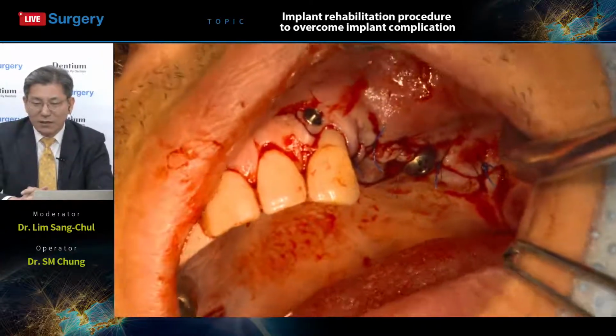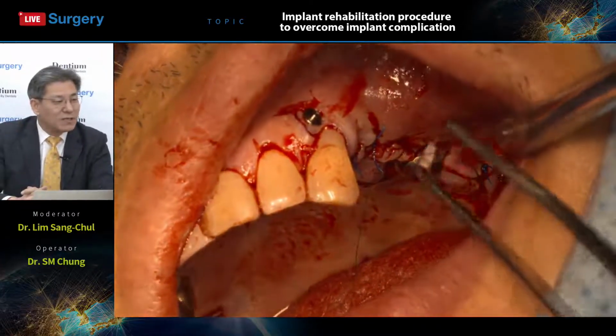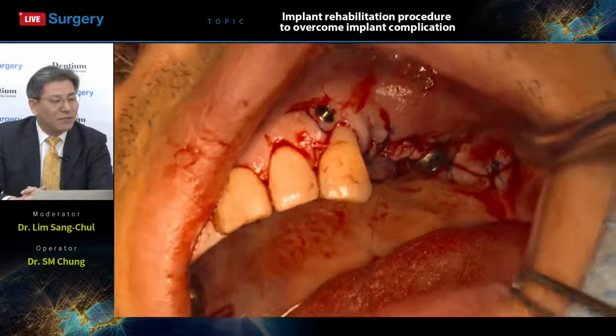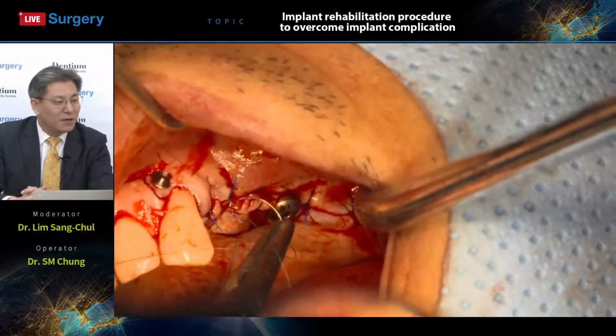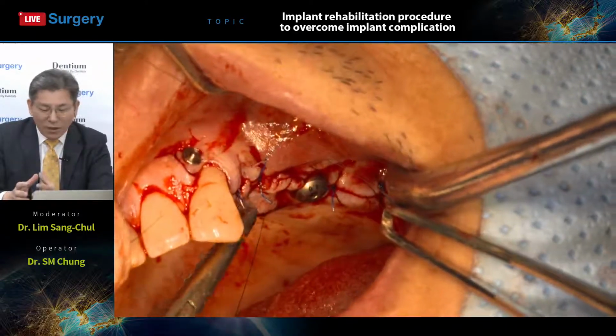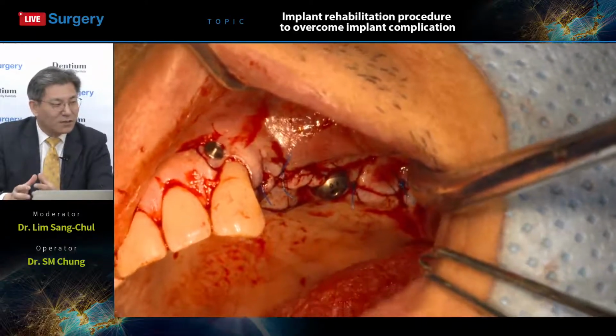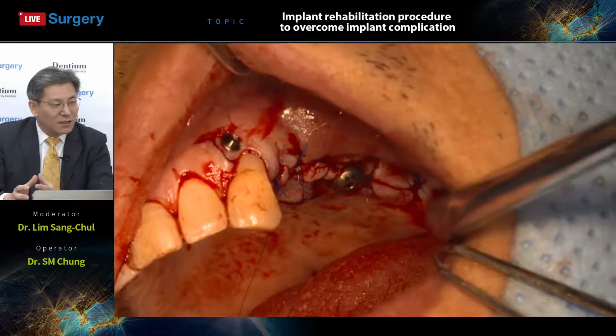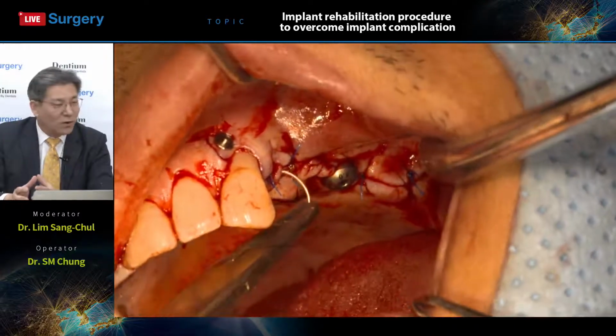Okay. So when we use this pin for fixation of membrane or this flap, we have to use this pin on only normal bone area.